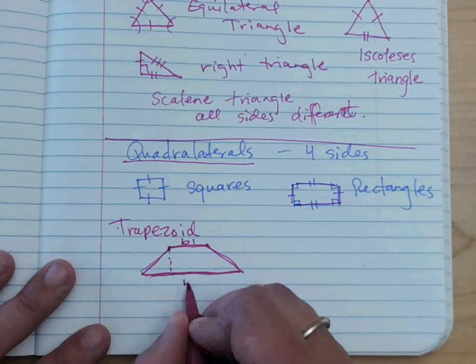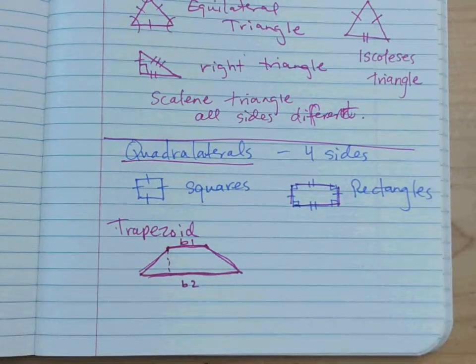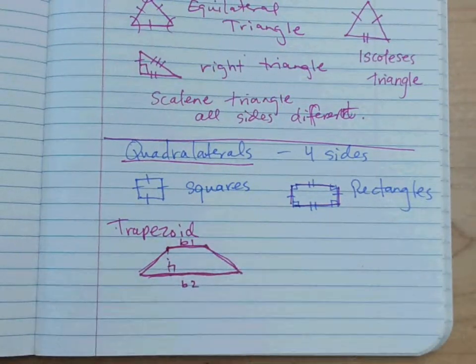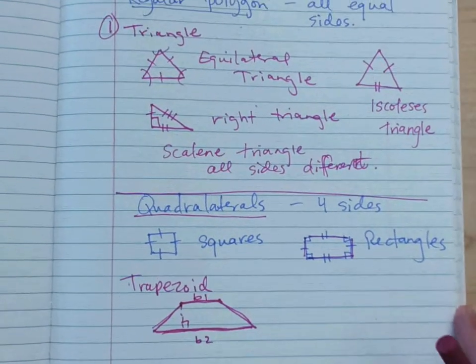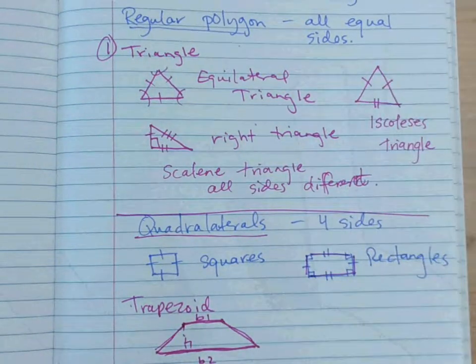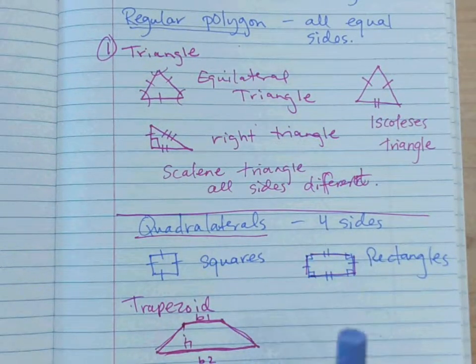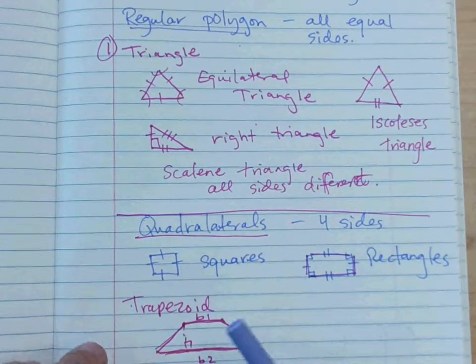We call this base 1 and base 2. And we'll get to the formulas for trapezoids as well in a moment. Yes, isosceles. Yes, or it could be shorter. It's just that only 2 of the sides are equal, isosceles. Okay, so a trapezoid, since it has 4 sides, is a quadrilateral. It's just irregular, right? And actually we'll get to that formula in a moment as well.